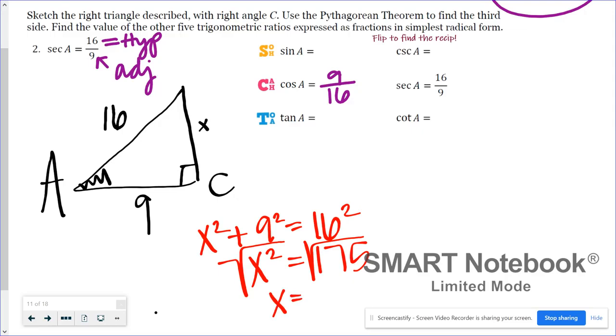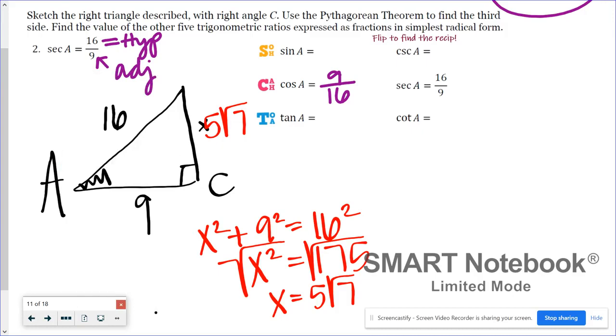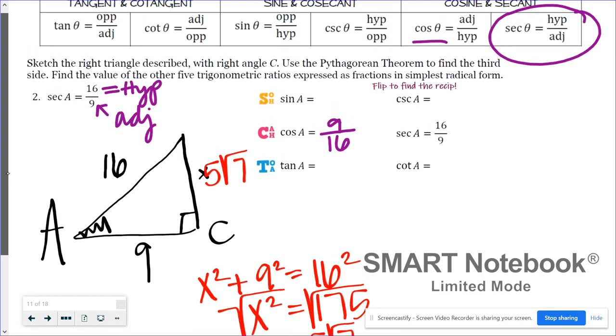So x is equal to 5 times the square root of 7. Let me label my diagram. Now that I have all 3 sides of my right triangle, I can find my missing ratios, starting with sine.